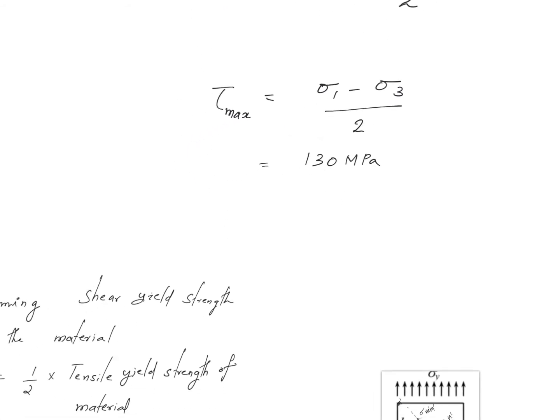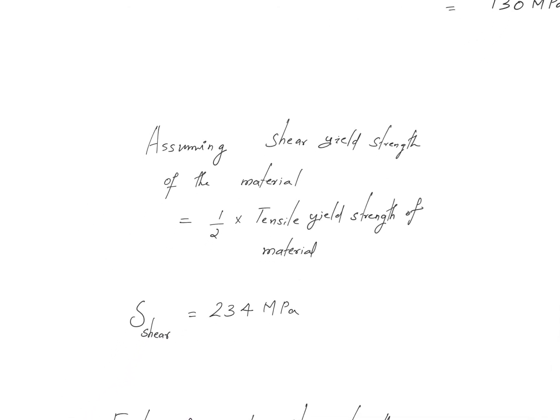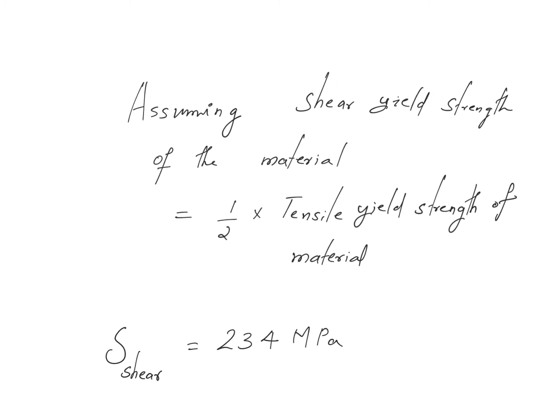But in order to invoke the Tresca criterion, we don't need that. Then we bring in this assumption. It's not an assumption because they say the Tresca criterion holds true. Then you can say that if my tensile yield strength is 468, then my shear yield strength is 234 MPa.